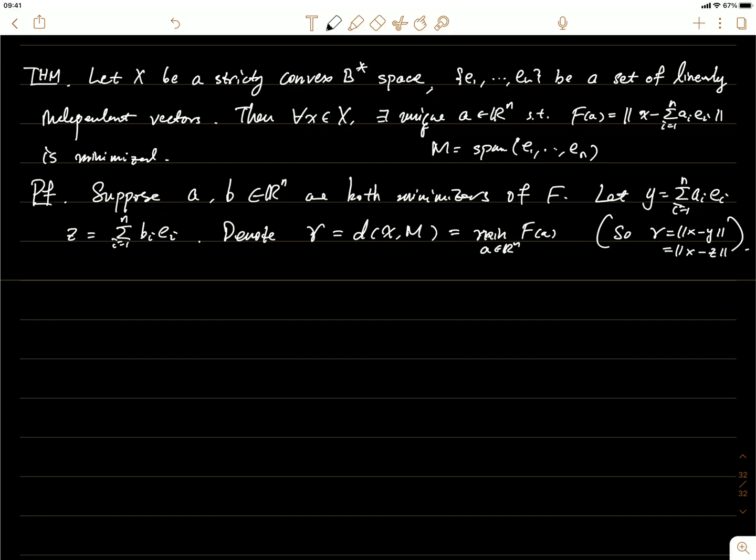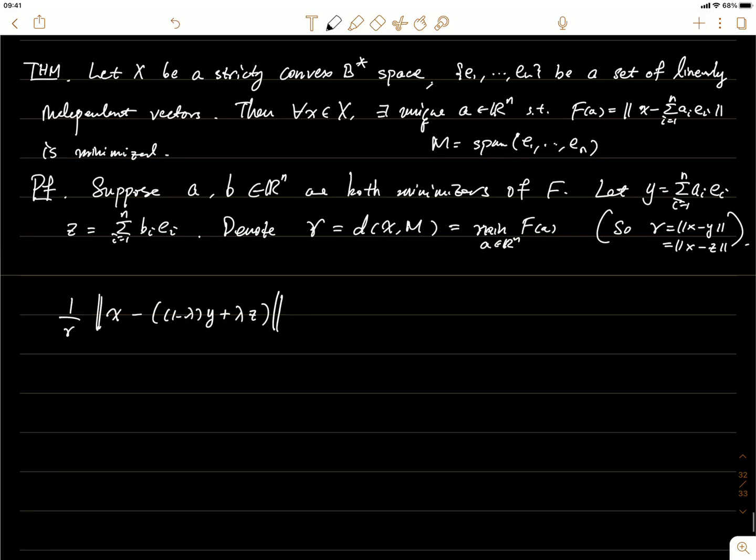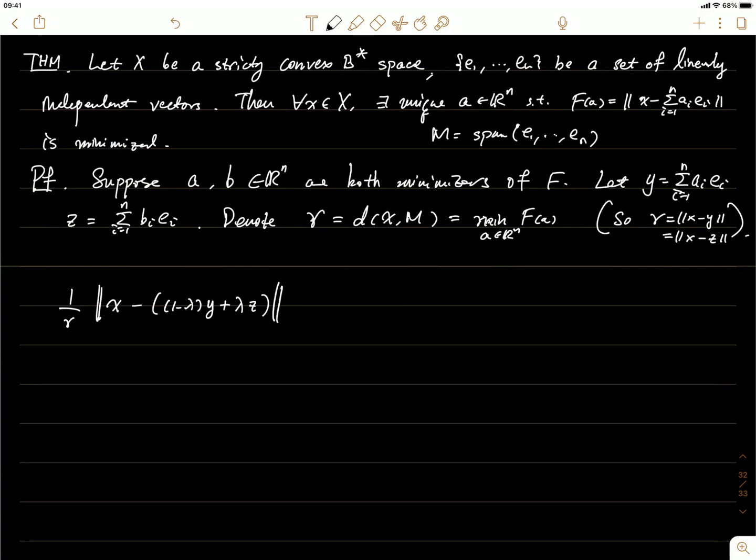So I look at x minus a strict convex combination of y and z, so it's (1 minus lambda) times y plus lambda times z, and I divide by r. I want to show that this is actually strictly less than 1. And then from there I can get that y and z must be equal.